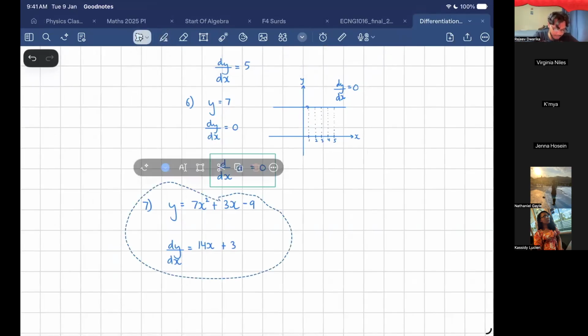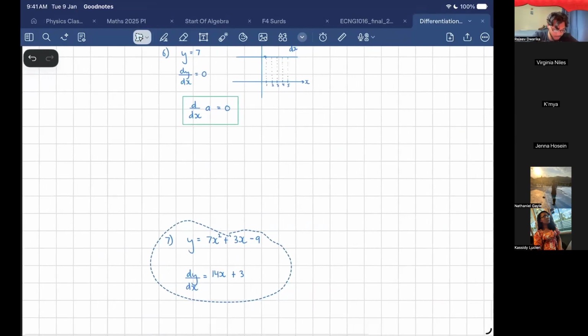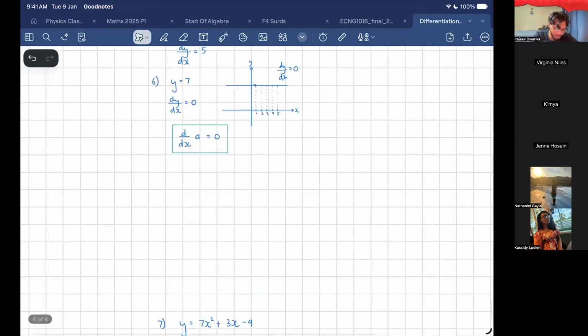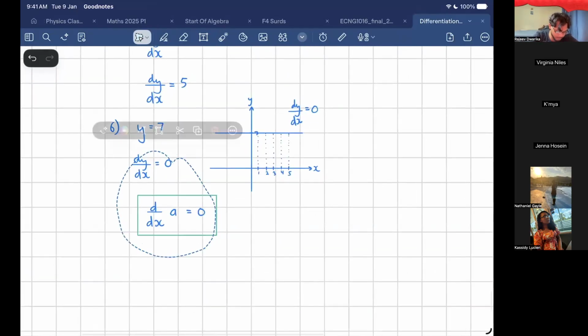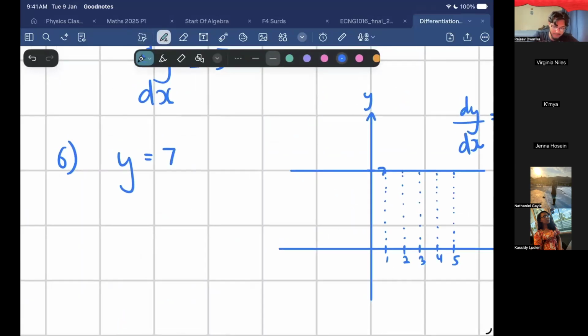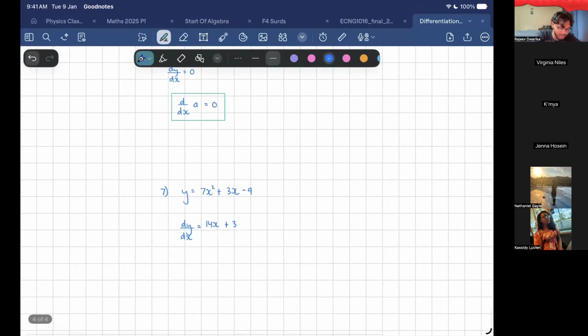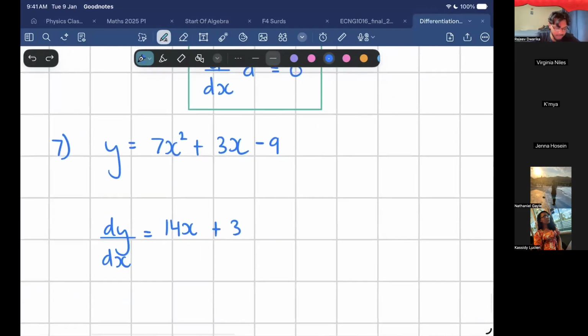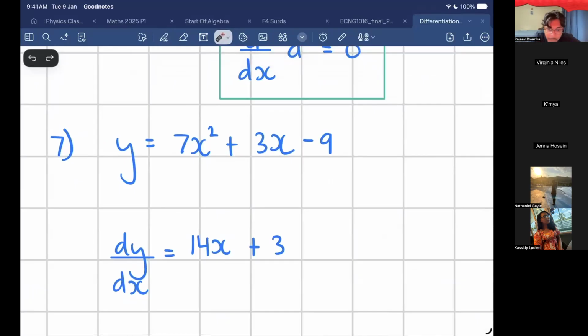I want to explain something to you all. I showed you all the graphical intuition for y is equal to 7. Let me show you the numerical significance of it. Nathaniel, you there? Yes, sir.